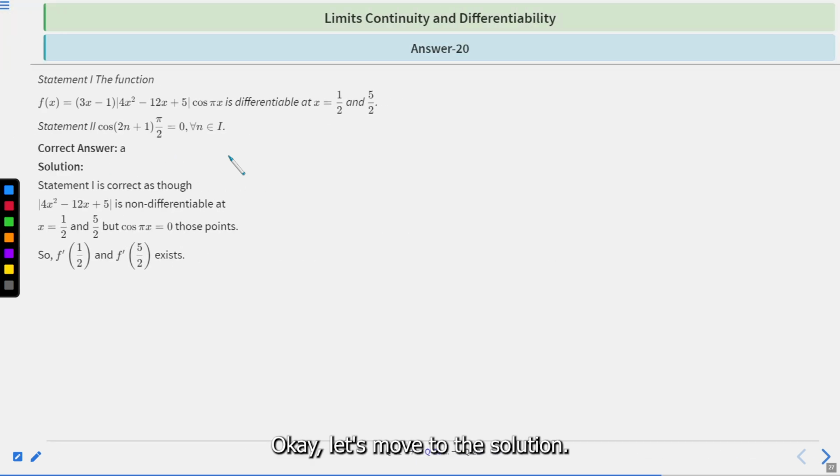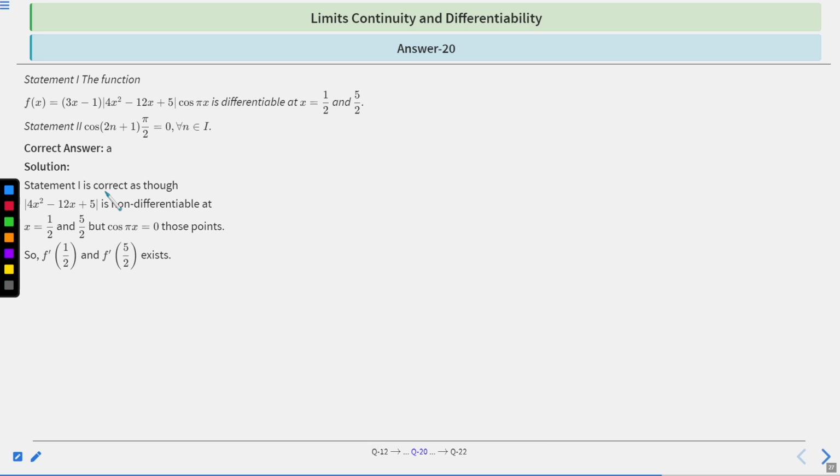Okay, let's move to the solution part. Statement 1: see, this portion |4x² − 12x + 5| is non-differentiable at x = 1/2 and 5/2. Clear? But cos πx is equal to 0 at those points, right? So f'(1/2) and f'(5/2) exist, right?